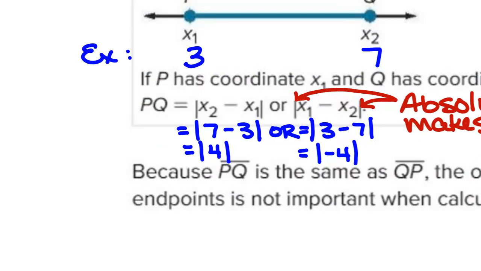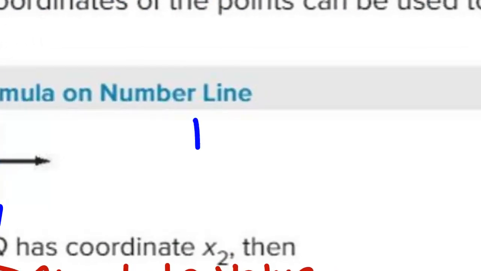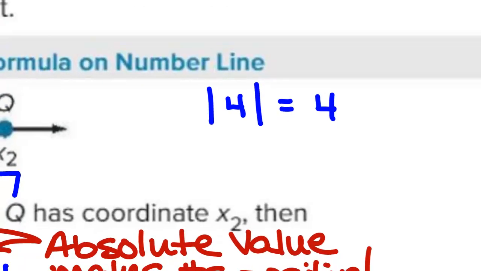So if I already have a positive number, the absolute value doesn't change it at all. So the absolute value of 4 is 4. If I have a negative number inside the absolute value bars, the absolute value is going to take that negative sign away.